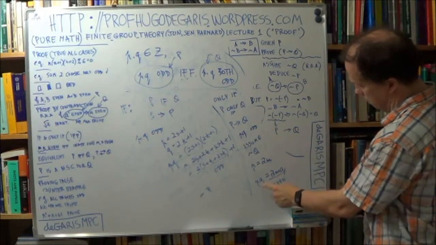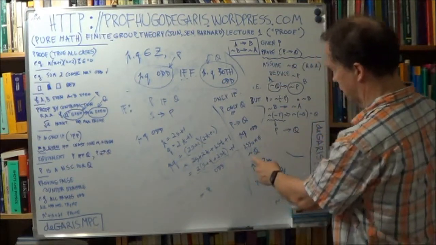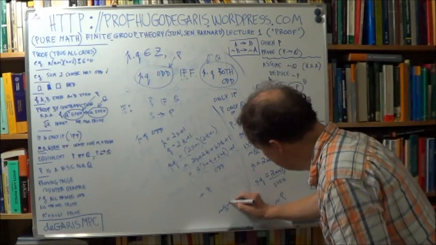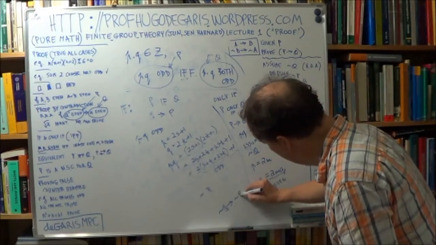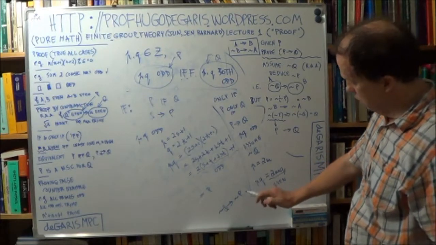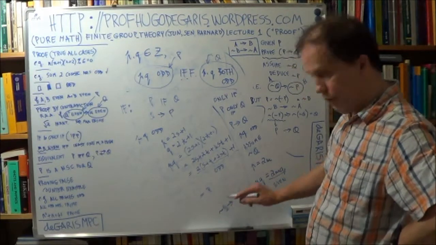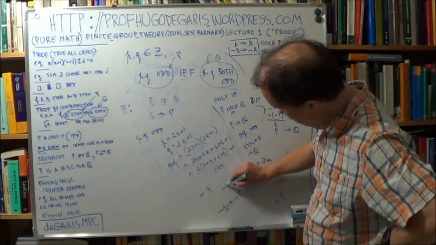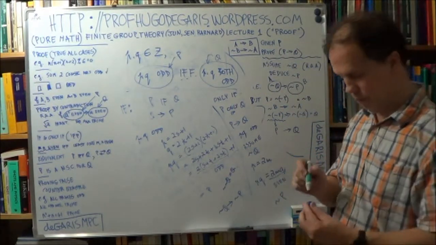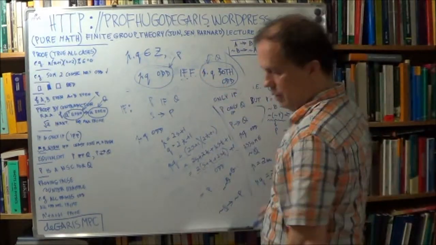So PQ even is not P. So by assuming not Q, we proved not P. But P is true, so not Q is false. So Q is true. So we've proved it by contradiction in both directions, and therefore we've done the IFF.